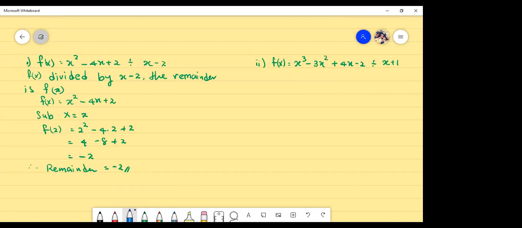Now we come to the second one. We write f(x) divided by x plus 1. The remainder is f of minus 1.